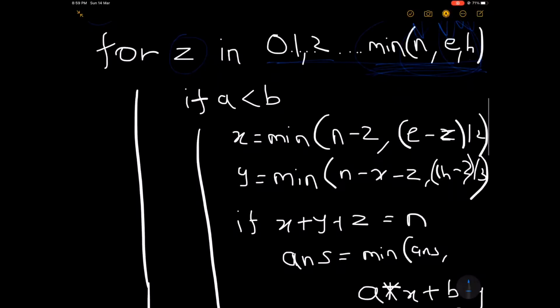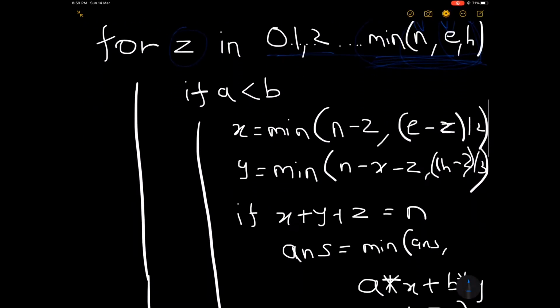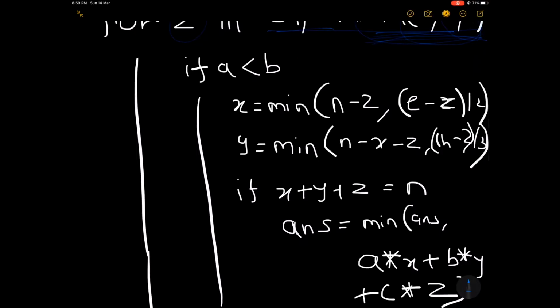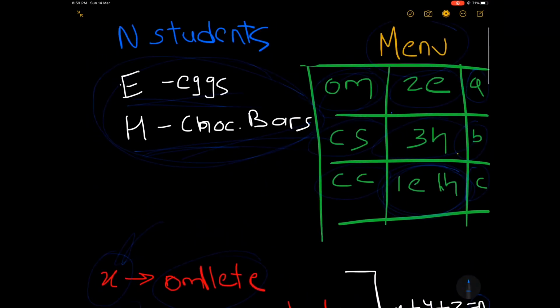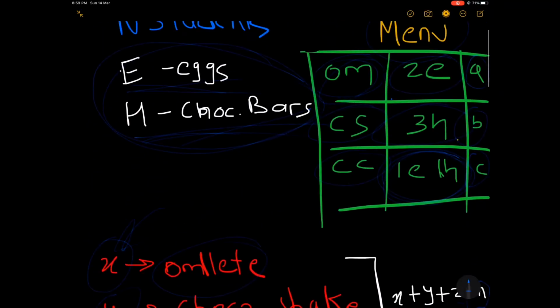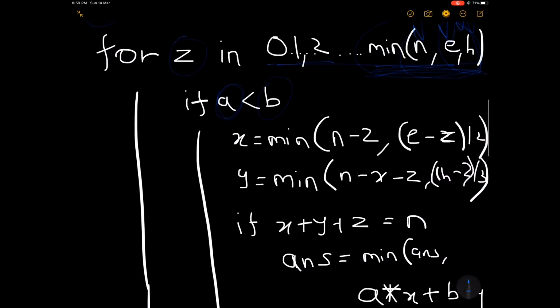Now after taking chocolate cake, we'll check if a, the cost of omelette, is less than b, the cost of chocolate shake. First we'll initialize x equal to minimum of n minus z comma (e minus z) by 2.